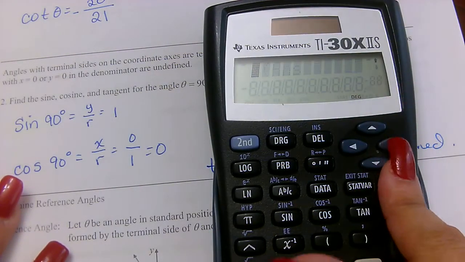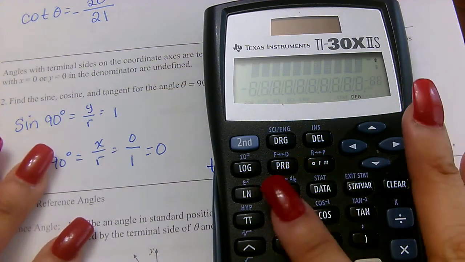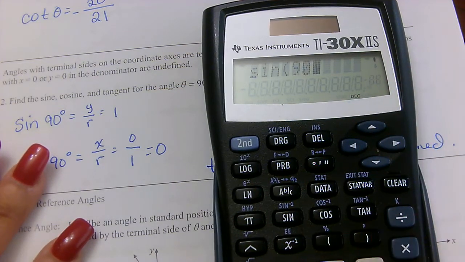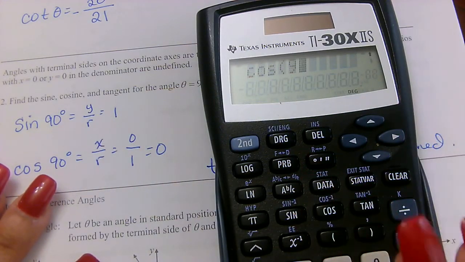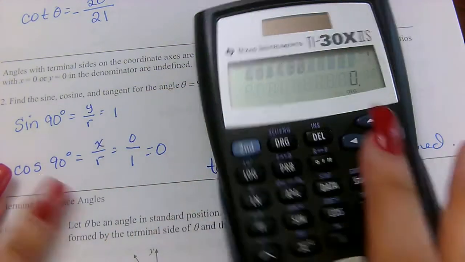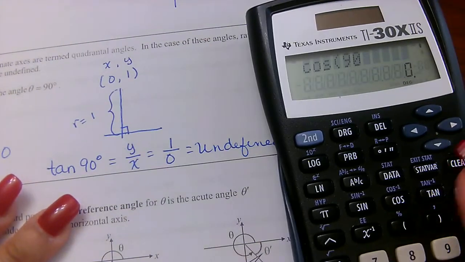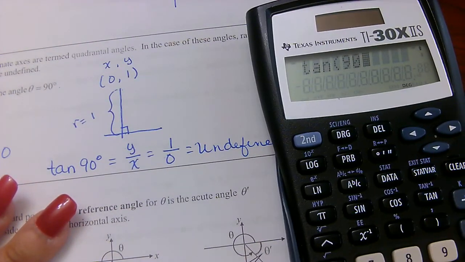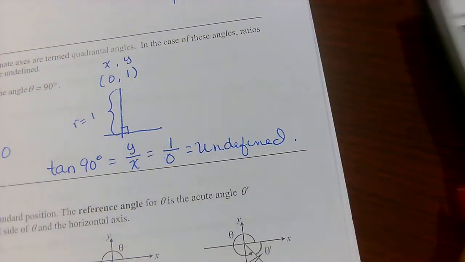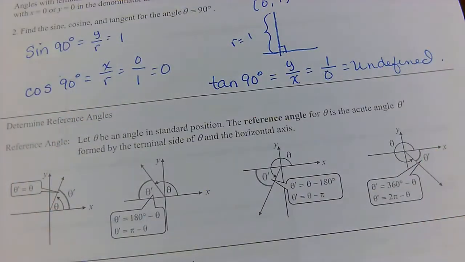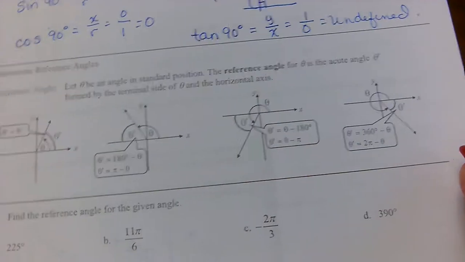Make sure you're on degree mode, which I am, and now I'm going to do sine of 90 degrees. There's my 1, there's my 1. Let's do cosine of 90 degrees, 0, 0. Tangent of 90 degrees, domain error, undefined. All right, perfect. So let's go ahead and move on.